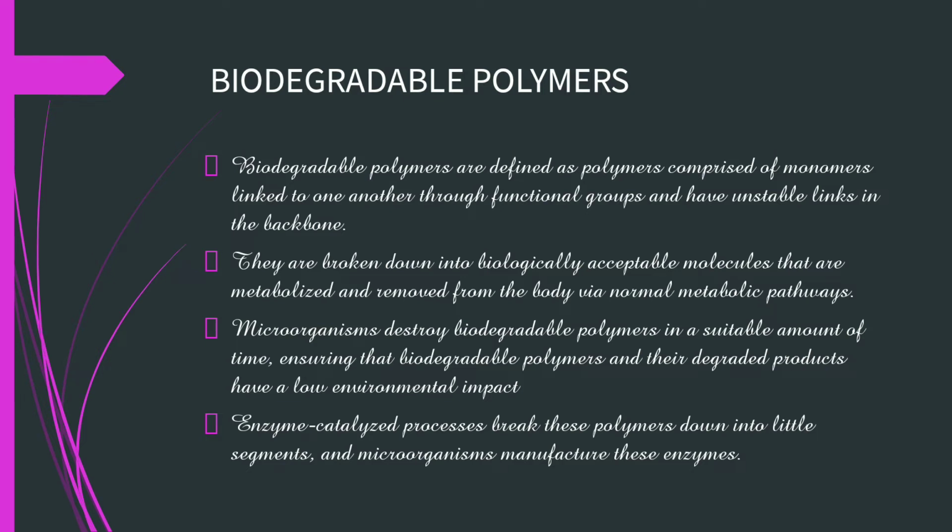Microorganisms destroy biodegradable polymers in a suitable amount of time, ensuring that biodegradable polymers and their degraded products have no environmental impact. Enzyme-catalyzed processes break these polymers down into little segments, and microorganisms manufacture these enzymes.